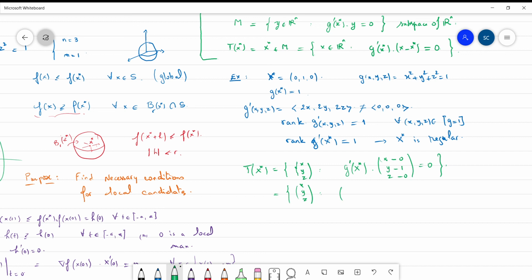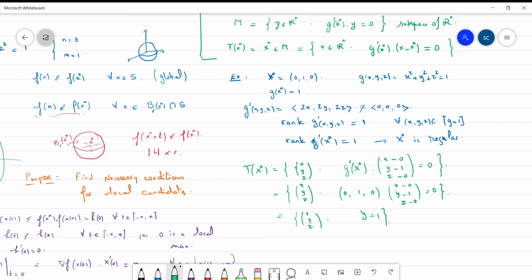The gradient at (0, 1, 0) is (0, 2, 0), so the dot product with (x, y minus 1, z) equals 0. It gives us finally y equals 1. So it is the set of all the points x, y, z such that y equals 1.